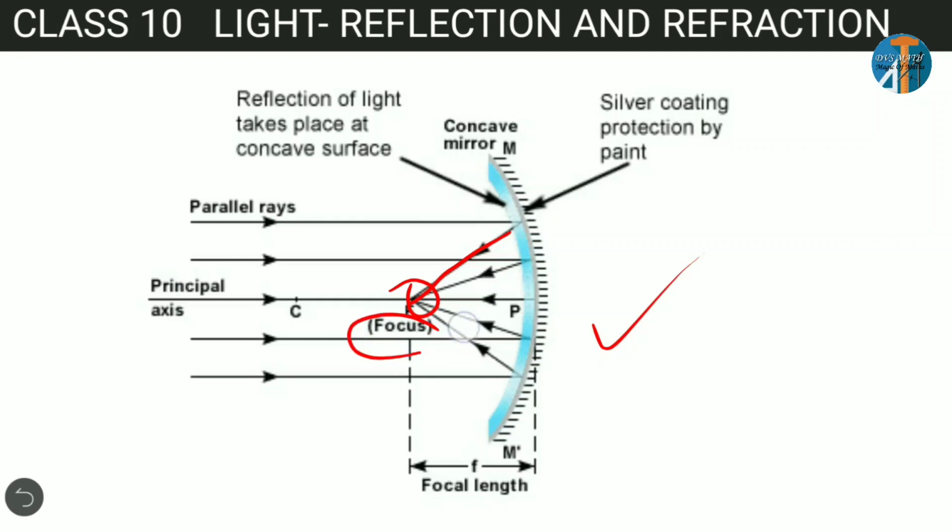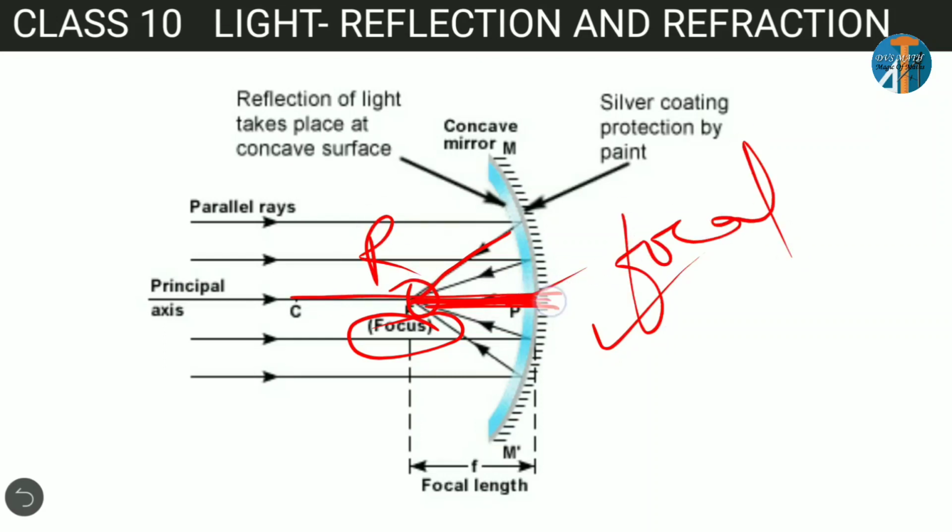This we call the principal focus. The distance between the principal focus and the pole is the focal length. You can observe this is the radius of curvature and this is the focal length. Twice the focal length gives the radius of curvature. This is in a concave mirror.